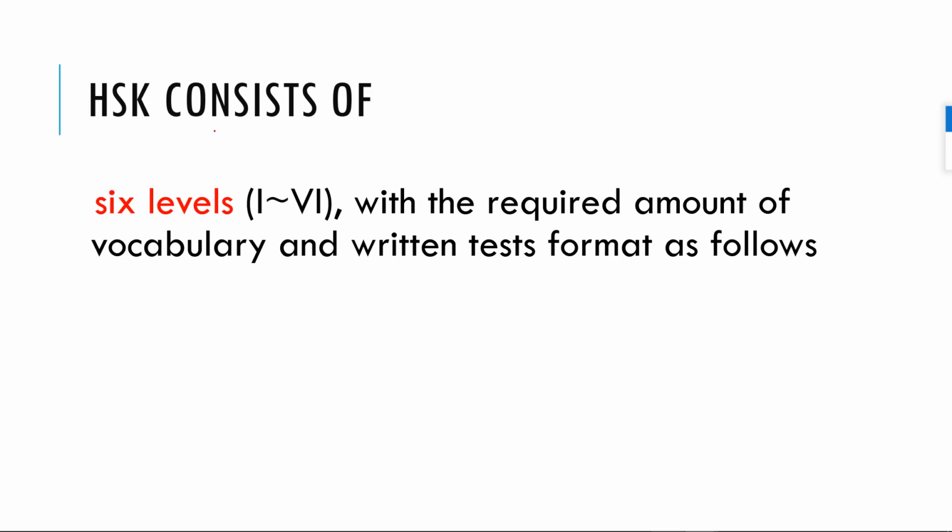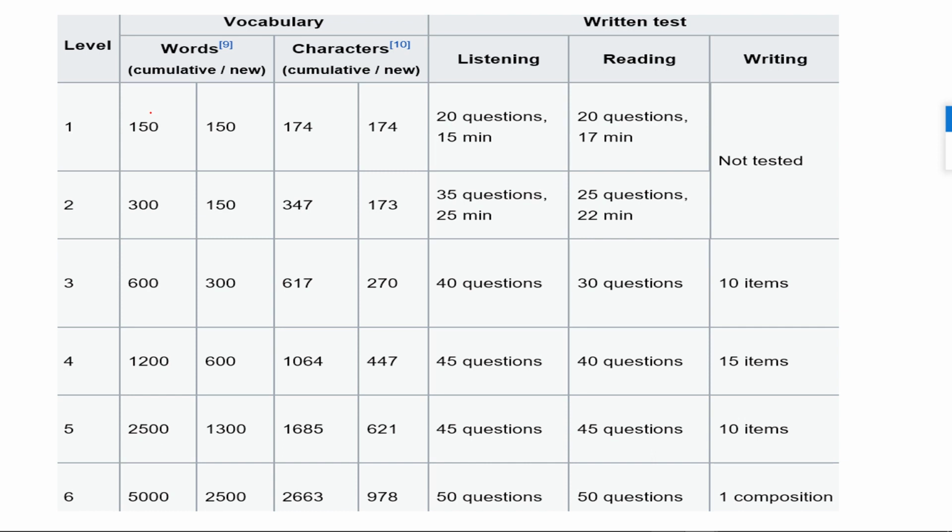HSK consists of 6 levels, 1 through 6. And I will show you the amount of vocabulary required for each level. As expected, the required characters go up as the levels go up. Alright, so for the highest level, you got to master 5,000 Chinese words.